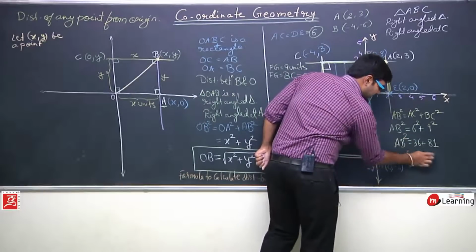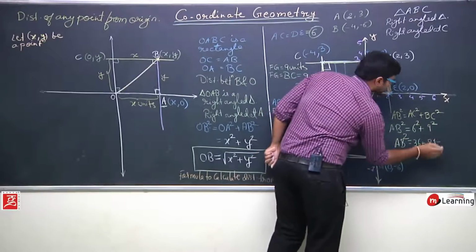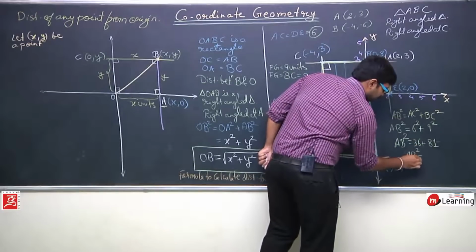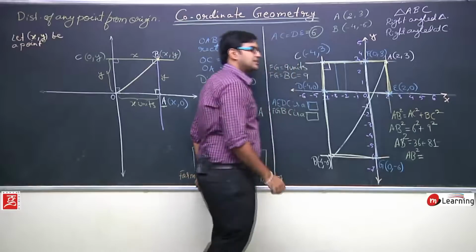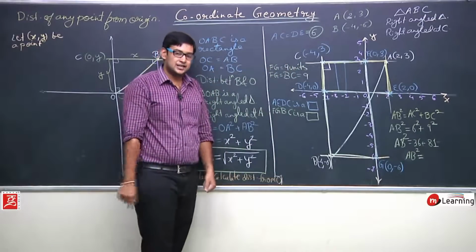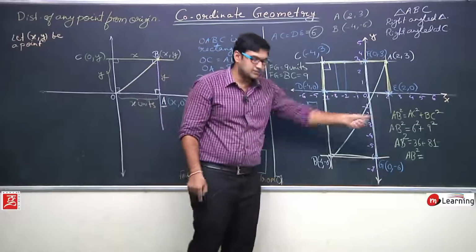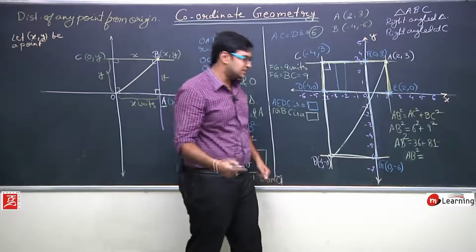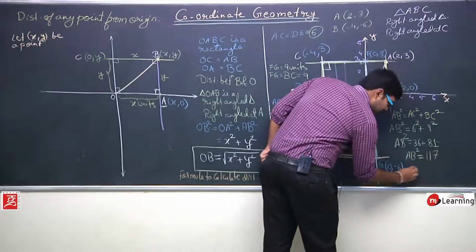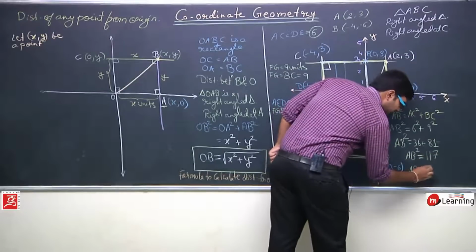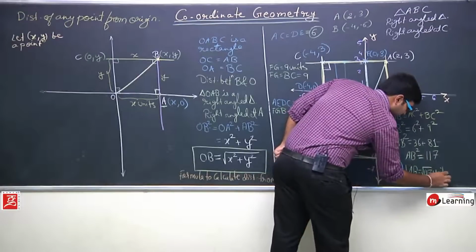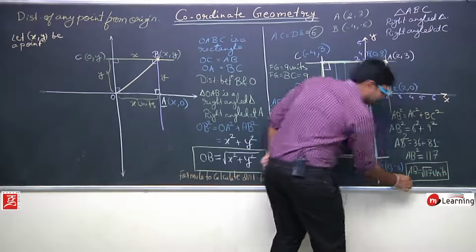So AB square is equals to 36 plus 81. Try to calculate it mentally. 80 plus 30 is 110 and 6 plus 1 is 7. So 110 plus 7 is 117. So AB will be equals to root of 117 units. Okay, please remember to write units.